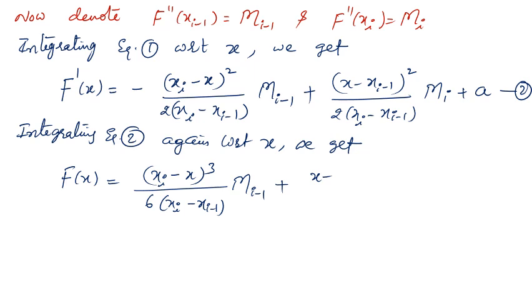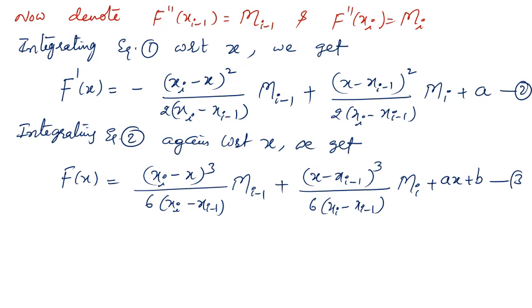And similarly (x - x_{i-1}) whole cube by 3 into 2, 6, into (x_i - x_{i-1}), times M_i, plus ax plus b. This is equation 3, where a and b are integrating constants, arbitrary constants.